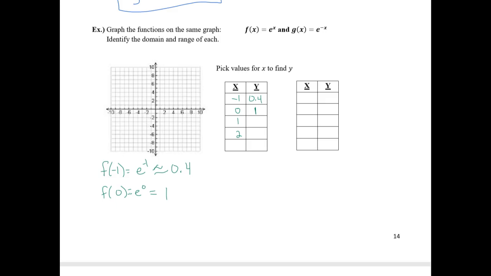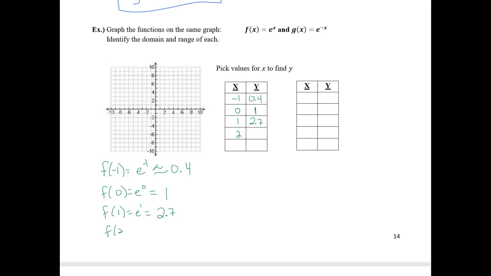Now let's plug in f of 1. E to the first power. Well, we know e itself is 2.718 blah blah blah. We're just going to round it again to the nearest tenth, so 2.7.